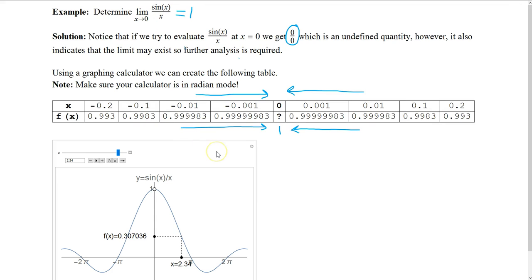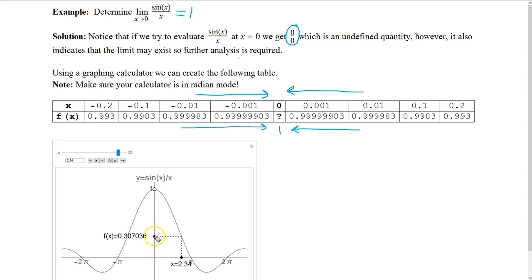Now also notice one other thing about this graph, and this was true about our previous graph as well. Notice how we have a little opening right here, a little circle. That indicates, of course, that our function does not exist when we put 0 in for x. So our graph looks fine, except for right there when x is equal to 0, we have to have a little open circle on the graph of our function to indicate that it does not exist when x is equal to 0.